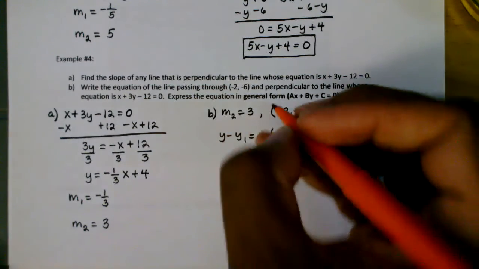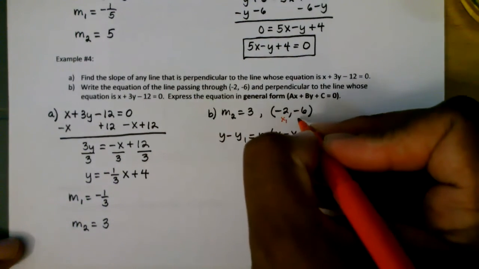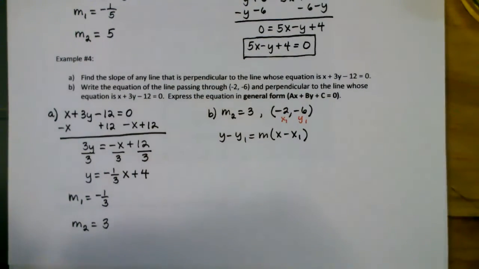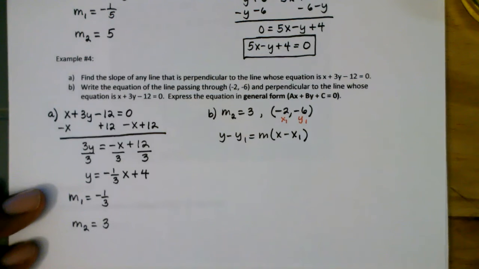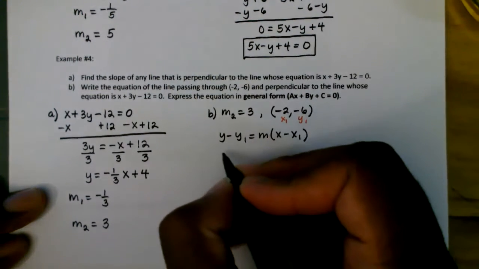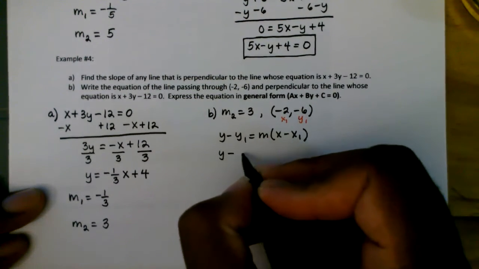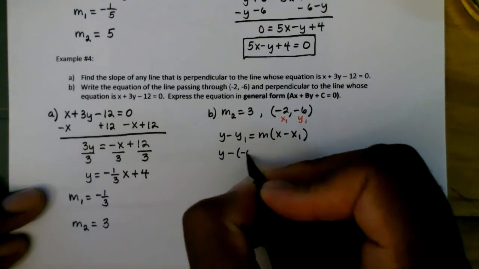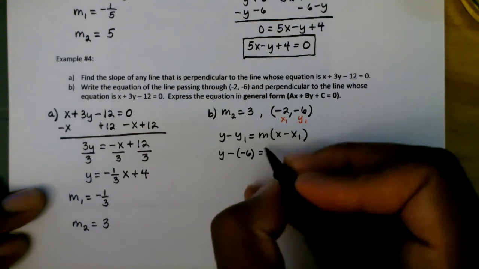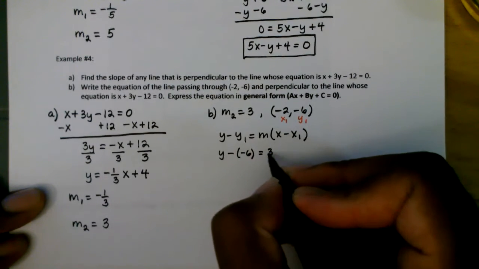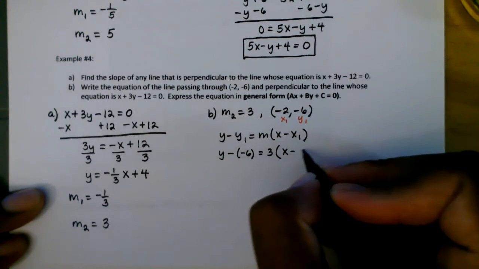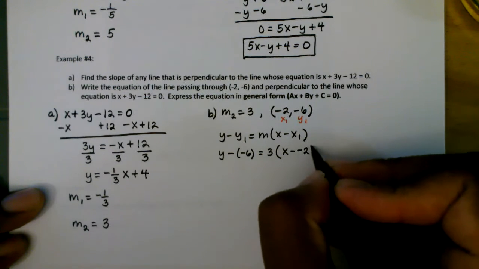So in this case here, x1 is -2, y1 is -6. So here I'm going to do my substitution. I got y minus y1, which is -6, equals m, which is 3, times x minus x1, which is -2.